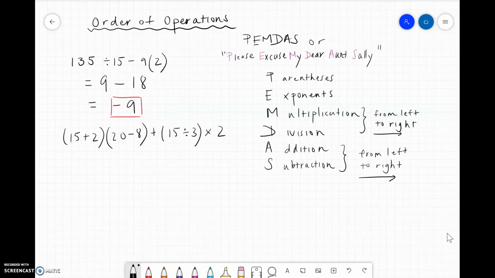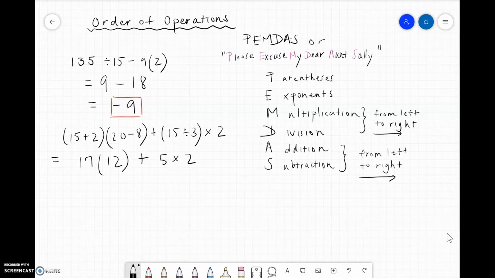So first, we want to simplify everything in the parentheses. So 15 plus 2, that is 17. 20 minus 8, that is 12. So I'm doing 17 times 12 plus 15 divided by 3, that is 5 times 2.